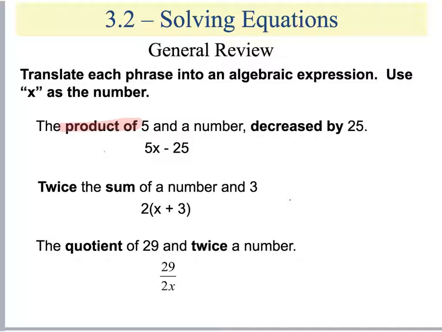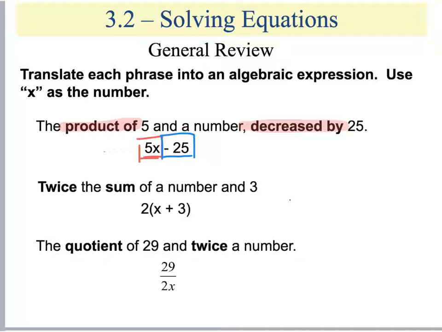So here we have product of and decreased by. Product of is going to mean this 5x right here. And then decreased by means this -25 right here. So first we say the product of 5 and a number decreased by 25, subtracted by 25, minus 25. Any of those will be acceptable for the vocabulary terms.